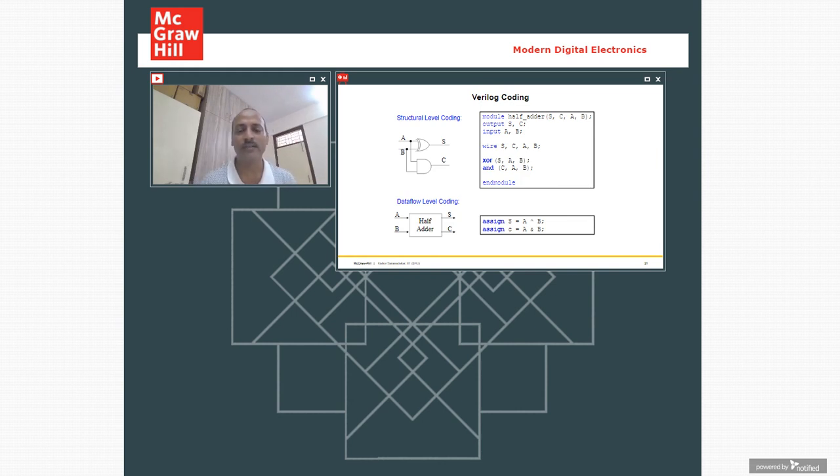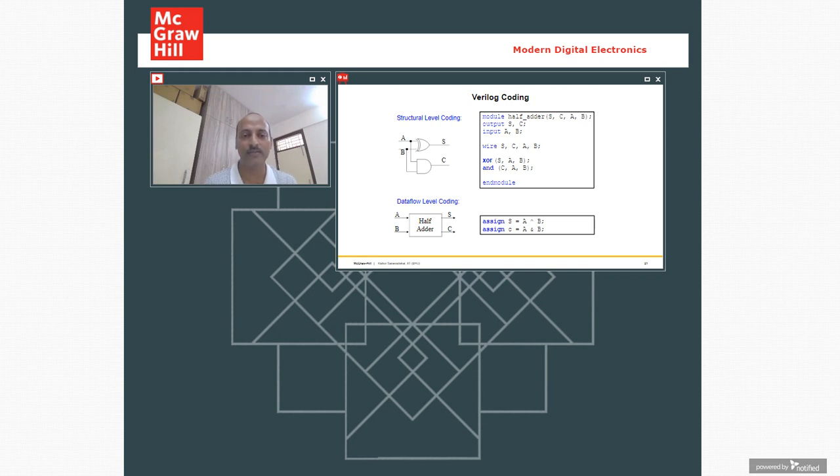In summarizing, what I have given here is a small Verilog code. The piece of hardware which we have seen, the half adder, can be described in Verilog in this way. Module is just a keyword, and all the keywords are highlighted in blue. Then comes the name of your module and the interface ports: sum, carry, A, B, whatever is on the periphery of your design.